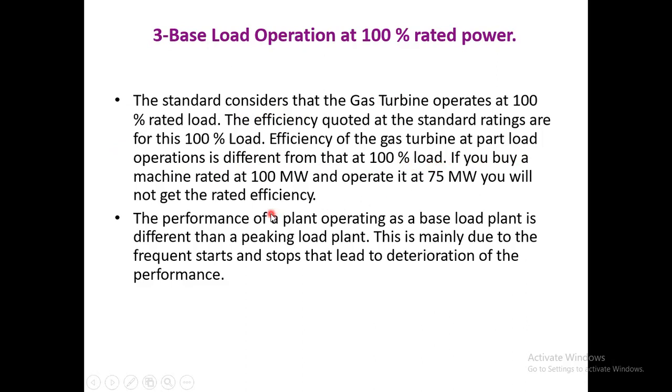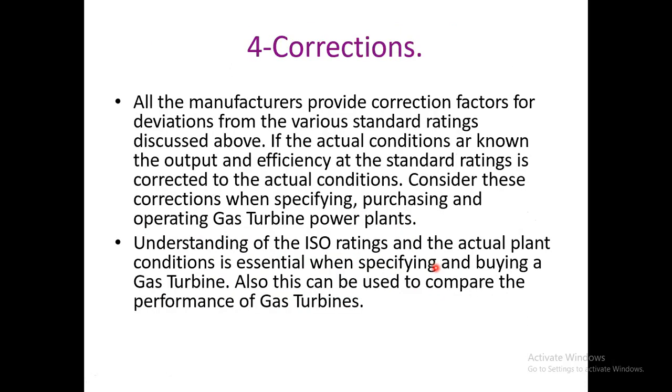If you buy a machine rated at 100 megawatt and operate it at 75 megawatt, you will not get the rated efficiency. The performance of a plant operating as a base load plant is different from a peaking load plant, mainly due to the frequent starts and stops that lead to deterioration of the performance.